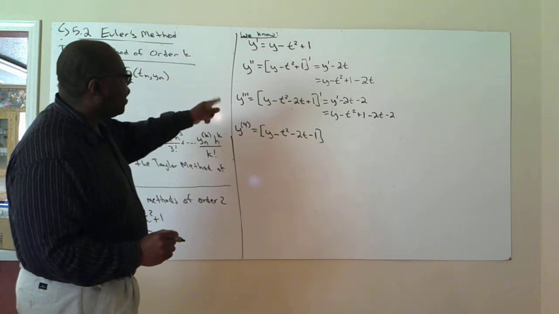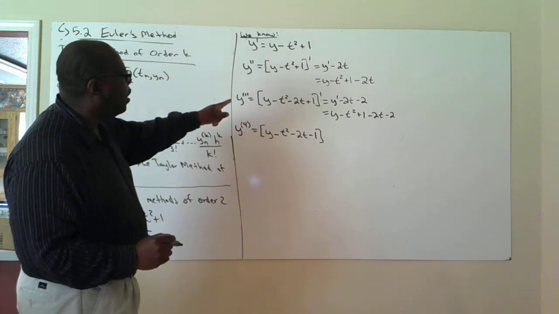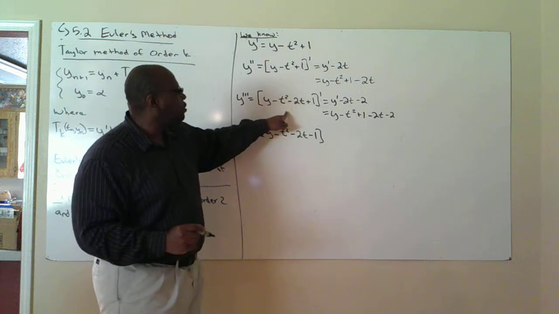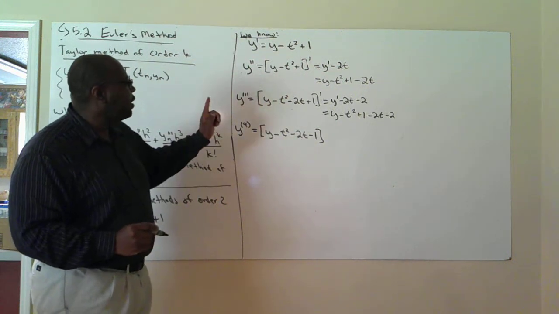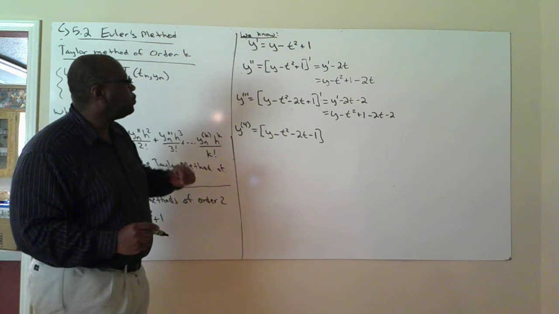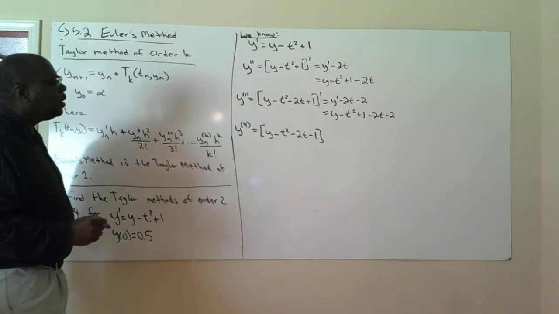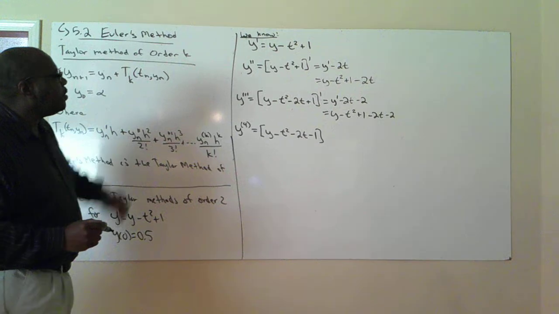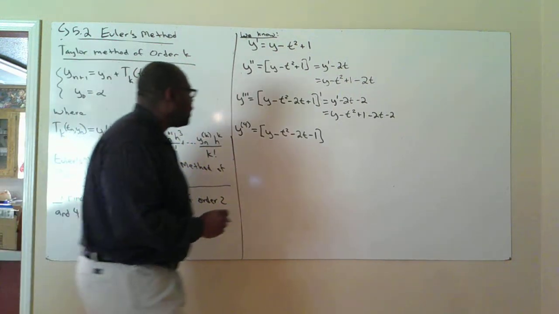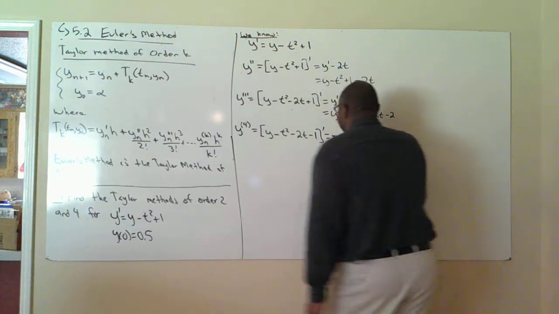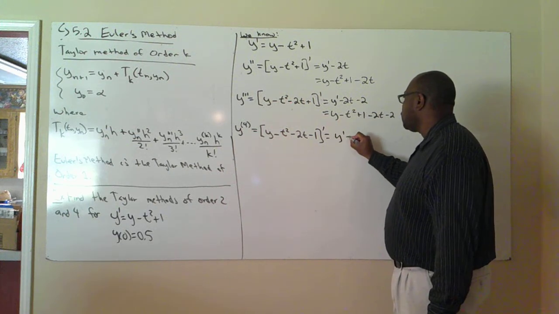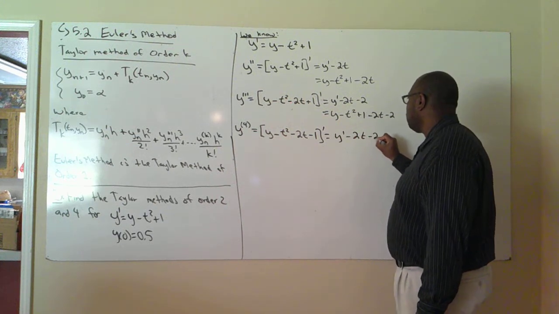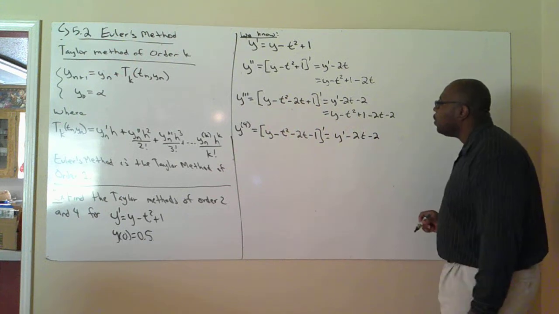Let's see, minus 2t. Let's look at 1 minus t squared plus 2t plus 1. We'll take the derivative of that, get minus 2t minus 2. That looks fine. And then when I take the derivative of this, I get y prime minus 2t minus 2.